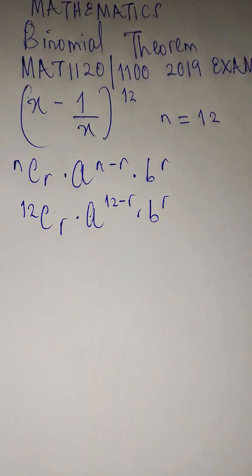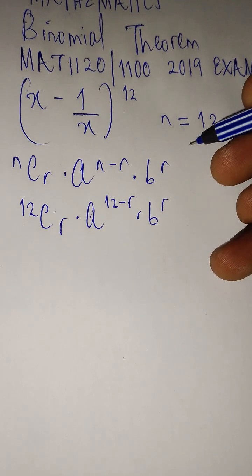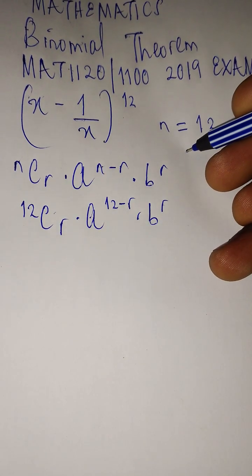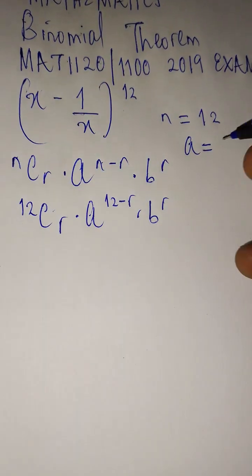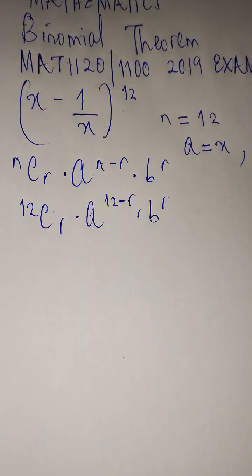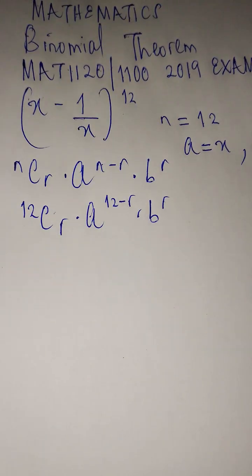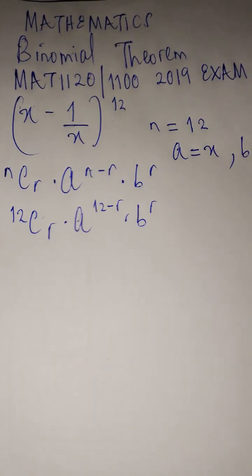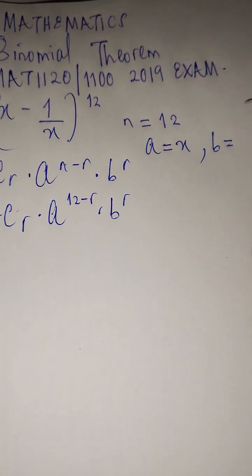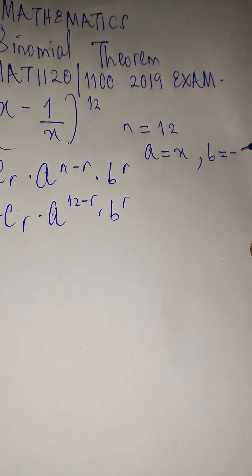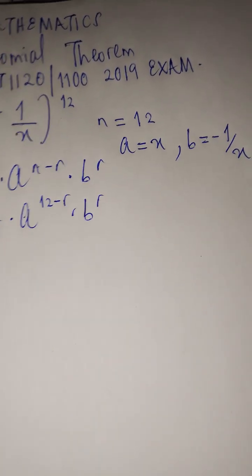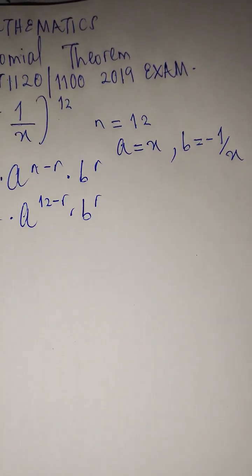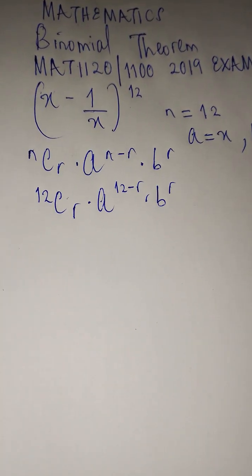So we know the values of a and also for b. The value of a is just the first term. The first term we have is x. Then b is just the second term, and the second term we have is negative 1 over x. So we do the substitution in this formula.